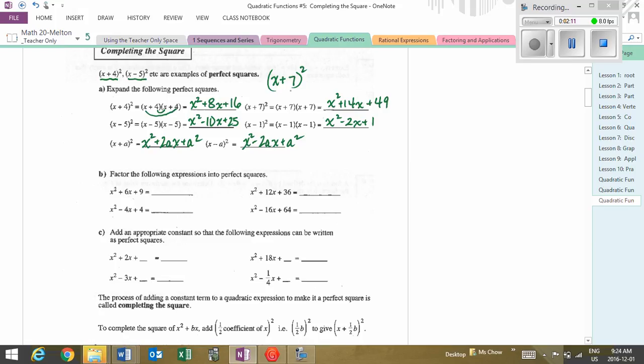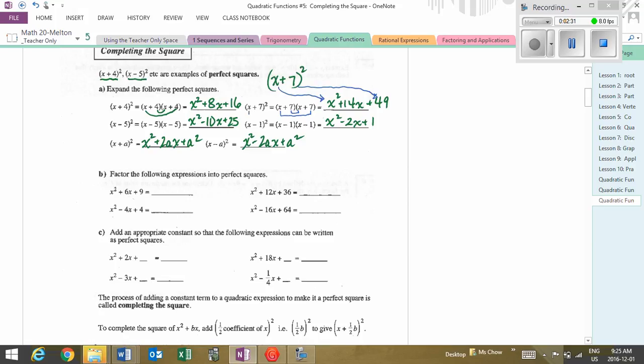So that x squared is obviously then the x term that is squared. The 49, that of course is never an issue either. That is the last term, so 7 squared.